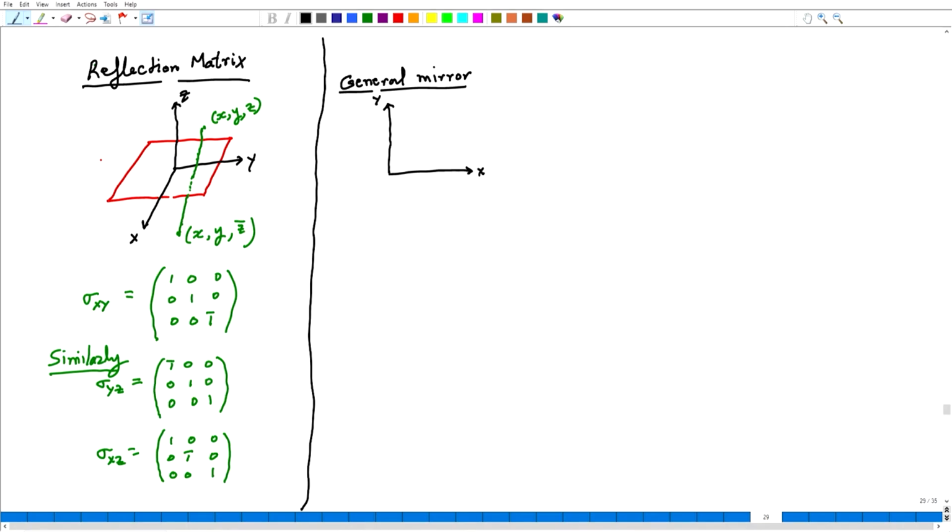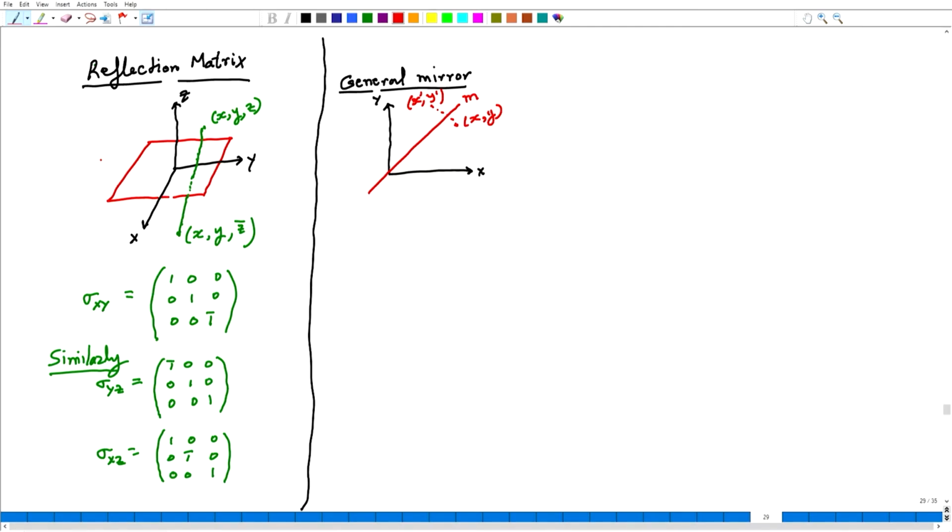Now, suppose this was my mirror. Suppose there is a point x, y; this point will move to some point x prime, y prime. Again the z axis is fixed. I want to determine the reflection operation which will take the point x, y to x prime, y prime.